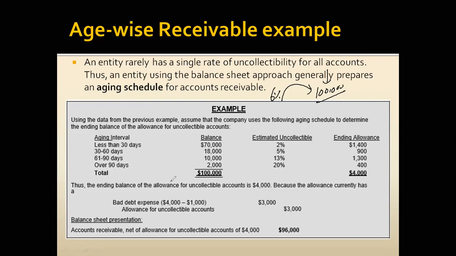So here we split up the 100,000 as per the number of days. Less than 30 days, only 70,000, 2%. Because within 30 days, there is less risk involved regarding bad debts. So that's why only 2%. 30 to 60 days, 5%.